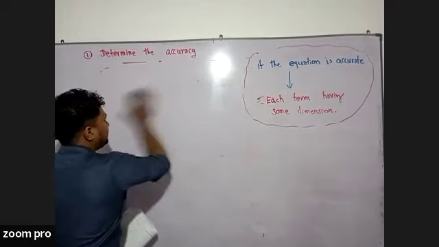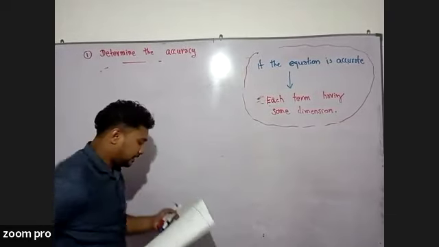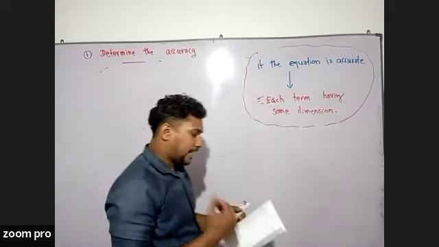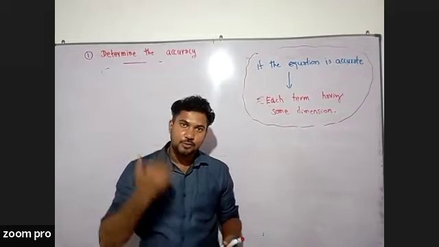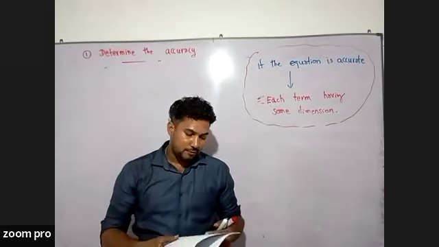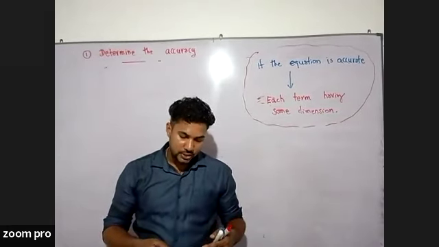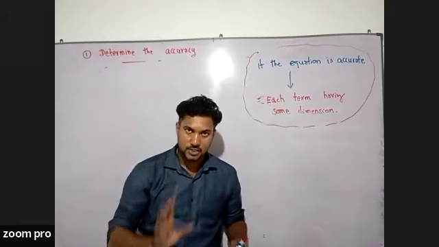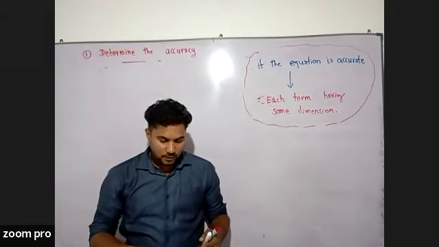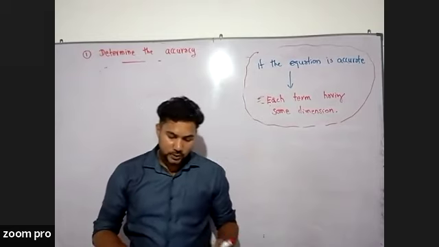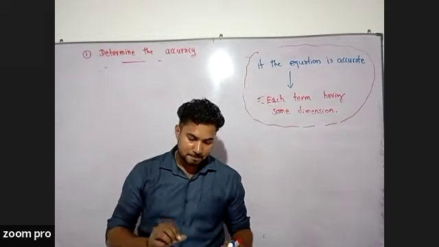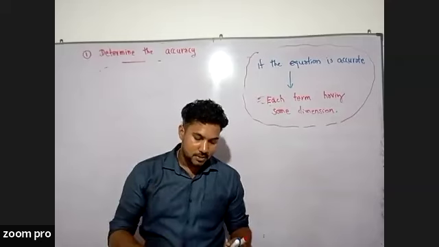In the fifth question, it is given to find the accuracy of an equation in terms of units. But now we are going to find the accuracy of the equation in terms of dimensions. From here onwards, you do this question in terms of dimensions.